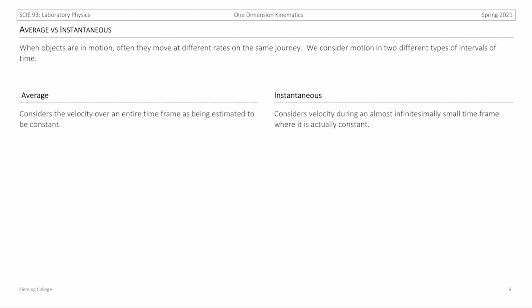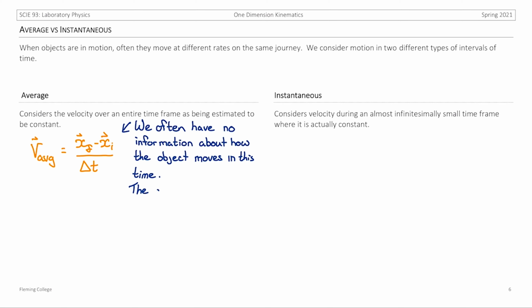We can think of an average velocity, and this would consider the velocity over an entire time frame, and it's estimated to be constant in that time frame. So as we think of the total change in position over time, which is just expanding out that delta x formula, we often have no information about how the object is moving during that time interval. It could be speeding up, slowing down, but we don't have data recorded for that.